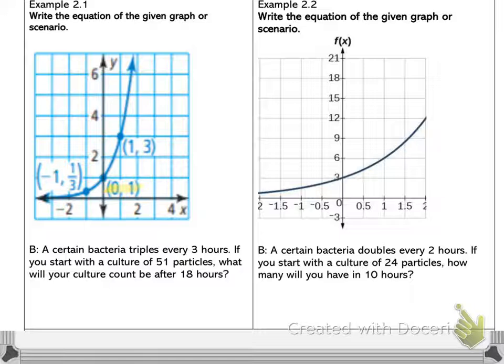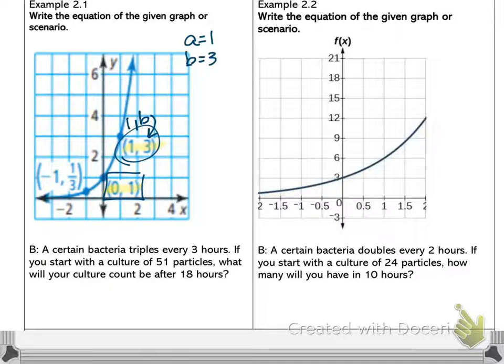I have 0, 1, and then I have this other point, 1, 3. Remember, if we have 0, 1, all right, our y-intercept, A, is 1, we are allowed to use this point, 1, B. This becomes my b value.